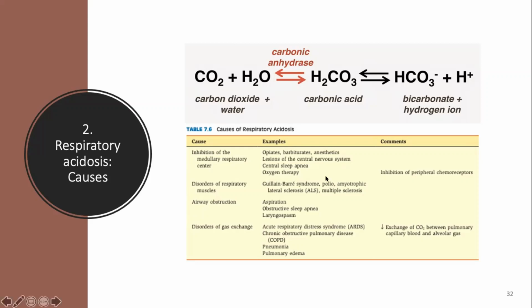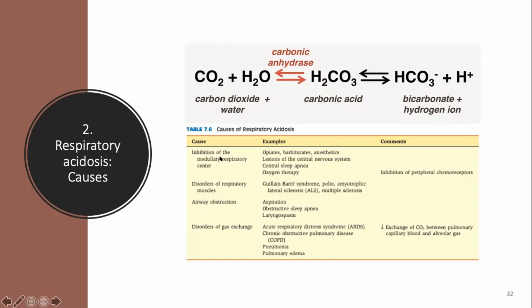Therefore, if you give too much oxygen to those with COPD, that may remove that stimulus to the peripheral chemoreceptor, and that may affect the respiratory drive in those patients.